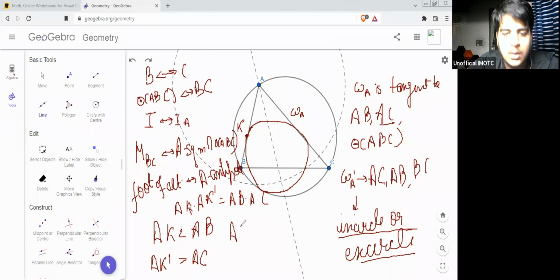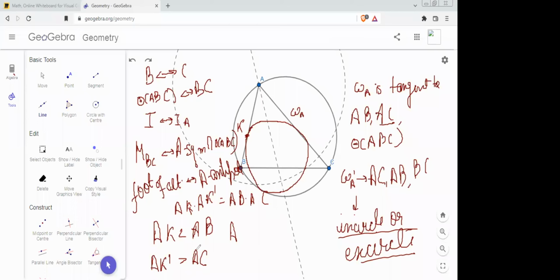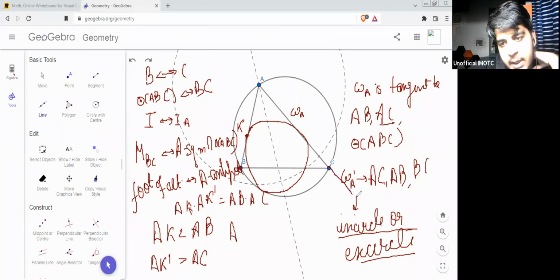Do you see why AK dash should be greater than AC? So it lies outside the segment AC.